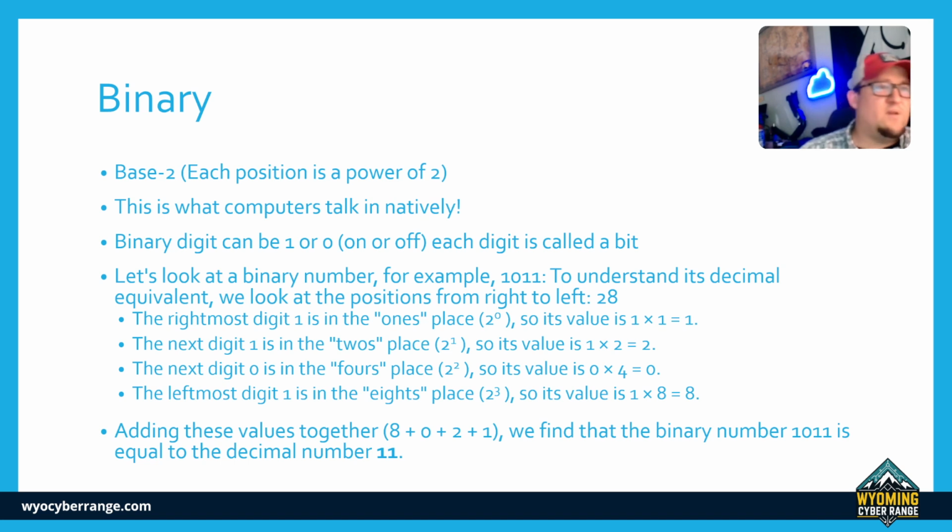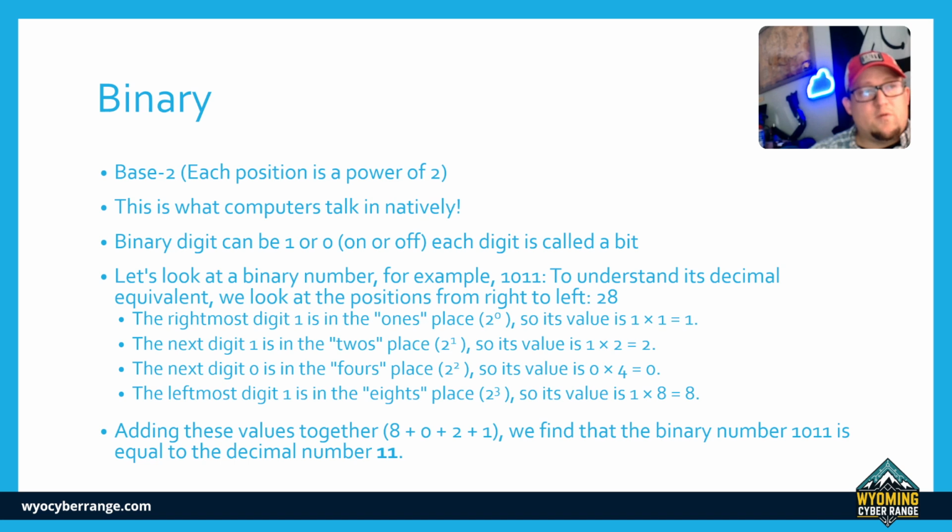Now, if we put all of these bits together, we can get numerical values. So if we take a number like 1011 and we try to figure out, well, what is this decimal value? We can convert it if we use base 2. So for instance, the very right number was a 1. So 1 times 2 to the 0 power, which is equal to 1, equals 1. The second number is a 1 as well. So 1 times 2 to the first power, which is 2, equals 2. 0 is in the 4's place, otherwise 2 squared, which is 0.